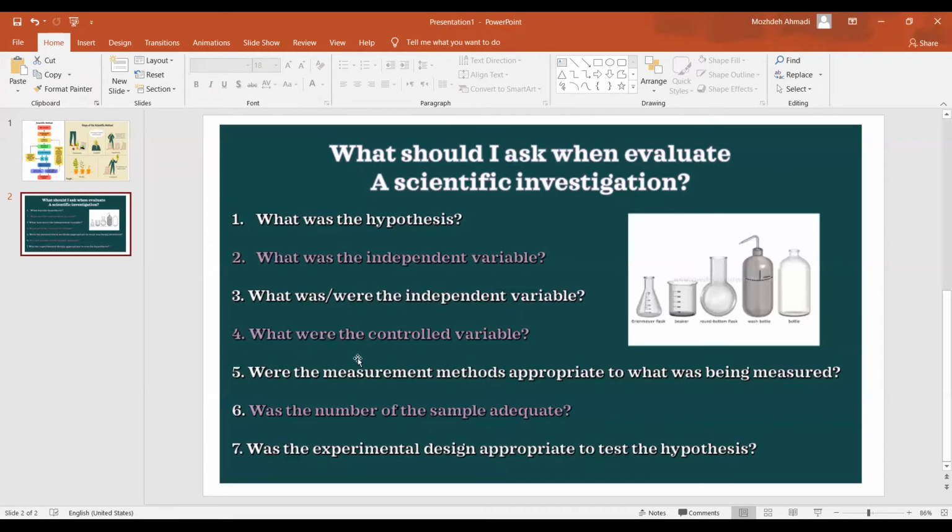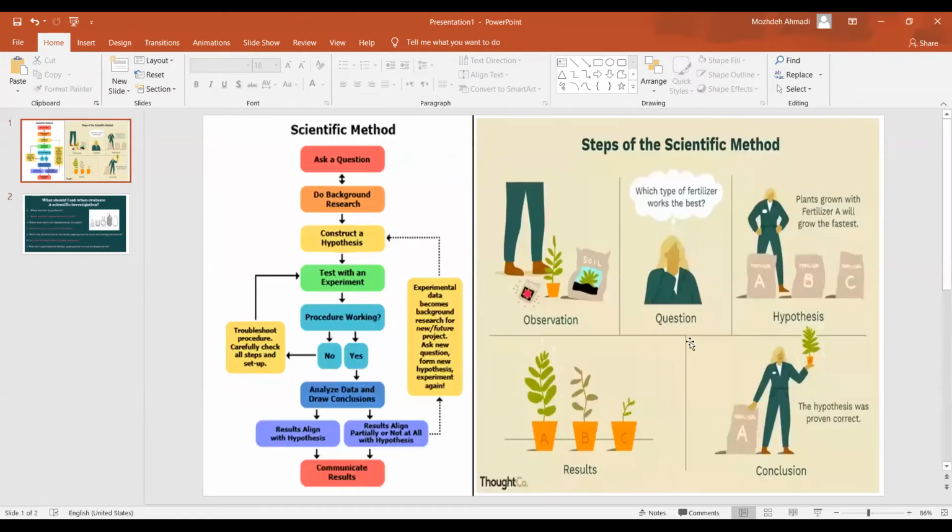Okay, and the fourth question is, what were the control variables? In every experiment, we should have control variables. And what does it mean? Control variables are the variables that we should keep exactly the same. For example, in this slide, we had the fertilizer, right?